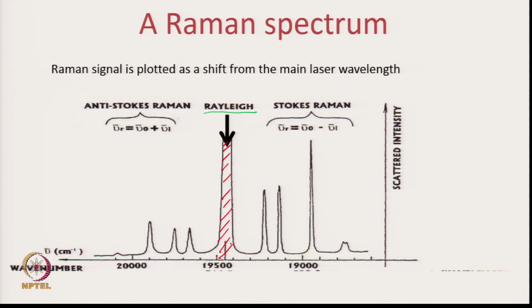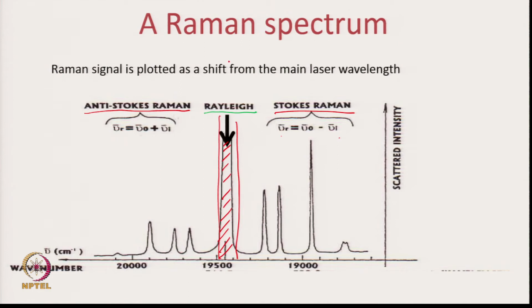So, this filter is actually blocking this intense scattering, which is elastic scattering, and the rest of it is either Stokes-Raman scattering or anti-Stokes-Raman scattering. So, either the wave numbers are decreasing or the wave numbers are increasing.